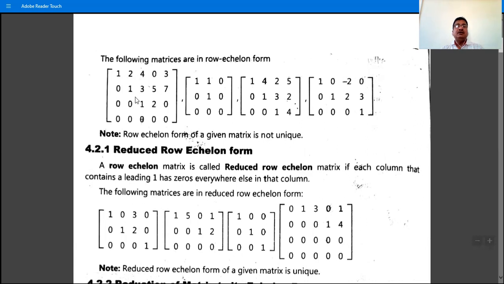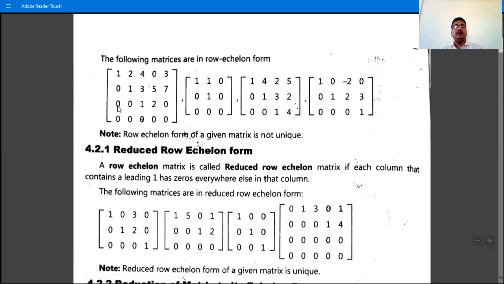And if you observe the leading one of row number 2, then it is to the right of the leading one of the upper row. It is not below the leading one of the upper row or to the left of it. Similarly, the leading one of the third row is to the right of the leading one of the upper row.